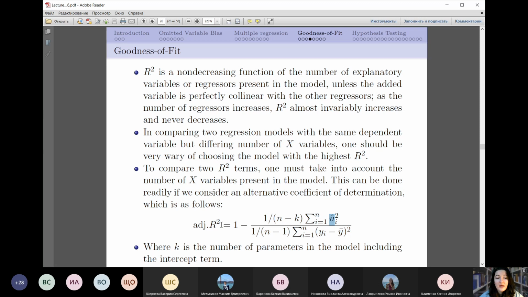So in multiple regression models, if you want to compare which model is better, you can use adjusted R squared. Not the general R squared, but adjusted R squared corrected by the degrees of freedom.